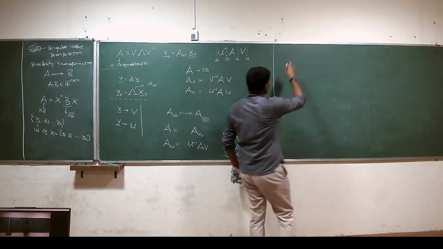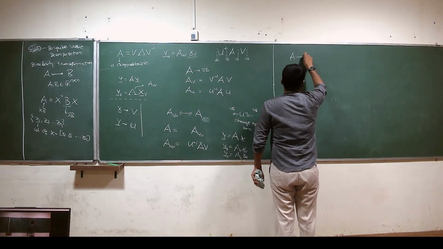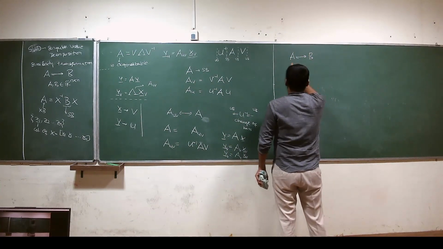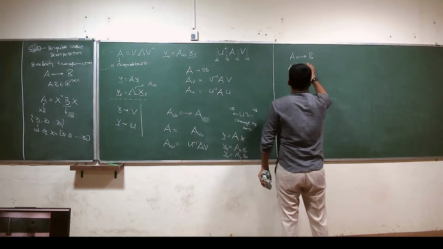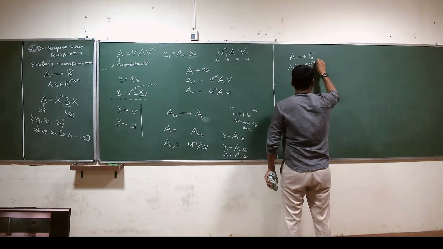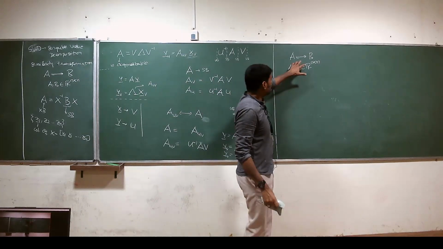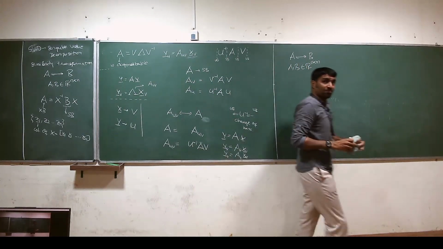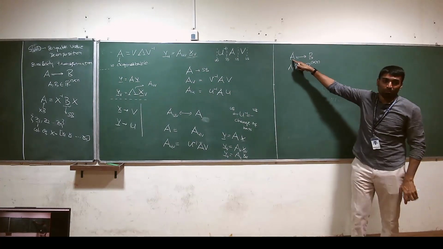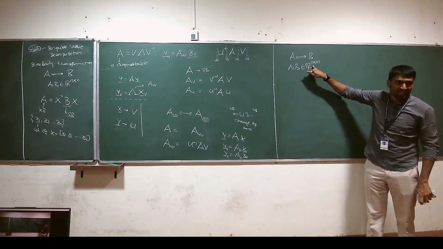But if you have rectangular matrices, right? Let's say A and B are two rectangular matrices, n cross m. We cannot define a similarity. For example, let's say A represents a geometric operation from Rm to Rn.